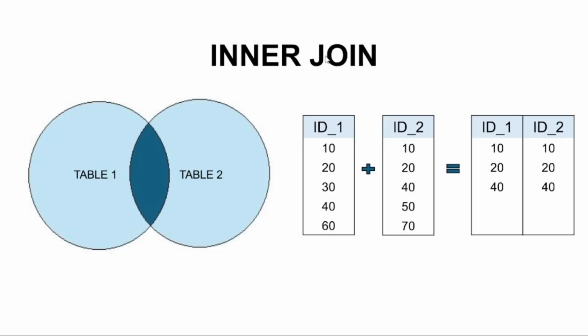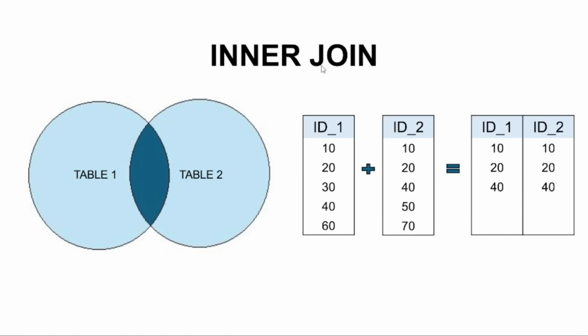So inner join. In inner join, when you join multiple tables together, only the common data from both the tables will be present in the output. For example, here you see for table 1, we have a column ID1 with values 10, 20, 30, 40 and 60. For table 2, we have column ID2 with values 10, 20, 40, 50 and 70.